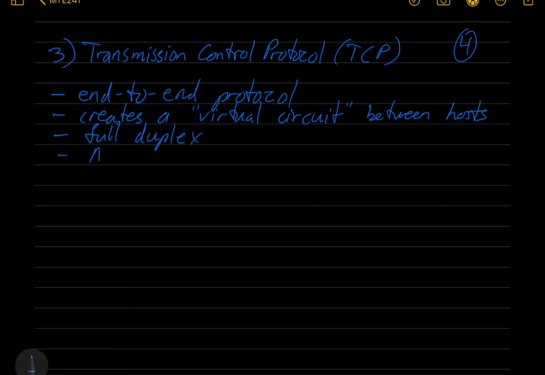It uses ACKs, or acknowledgements, and these can be part of data segments being sent to the other end, or they can be their own segment being sent if there's no data to send. So ACKs and segment numbers are used.